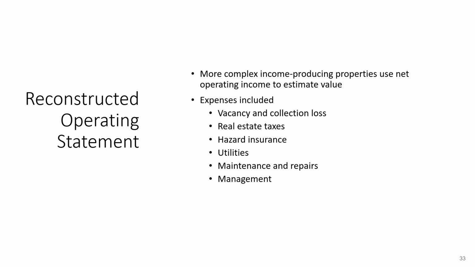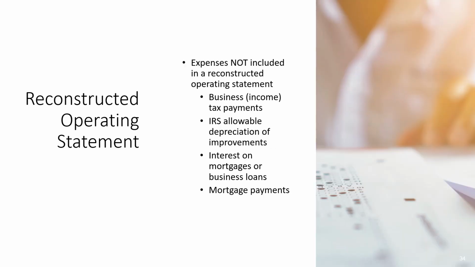Expenses included would be vacancy and collection loss, real estate taxes, hazard insurance, utilities, maintenance and repair, and management. Expenses not included in a reconstructed operating statement are business income tax payments, IRS allowable depreciation of improvements, interest on mortgages or business loans, and mortgage payments.